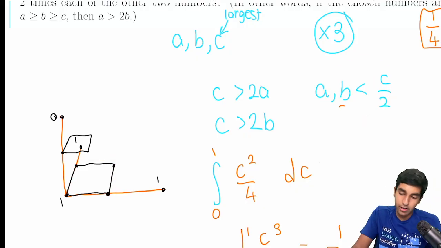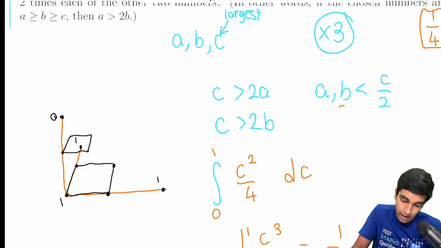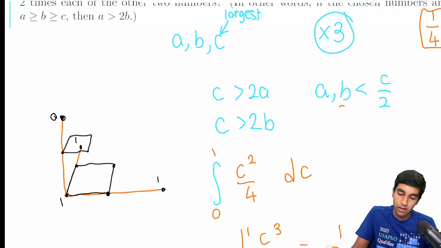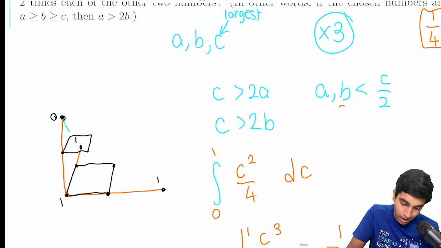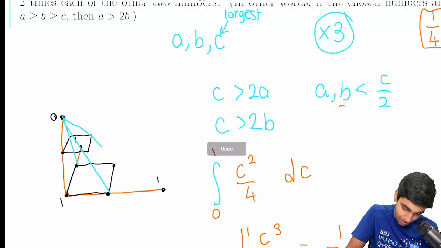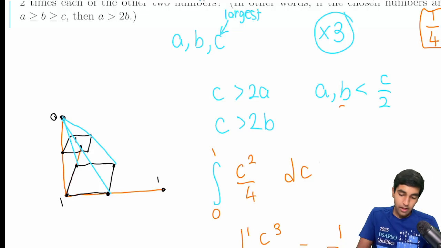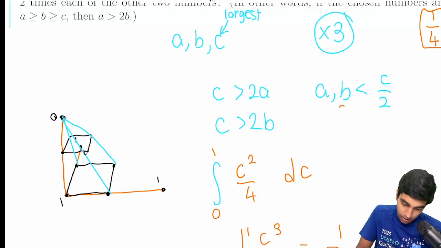There are no possibilities for A and B; we would have just a point. As you vary C, this region varies, so we can extend this out to get a pyramid. Oops, that's not how it's supposed to look. Okay, something like that. And yeah, this is a pyramid.